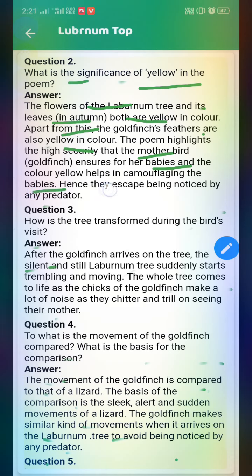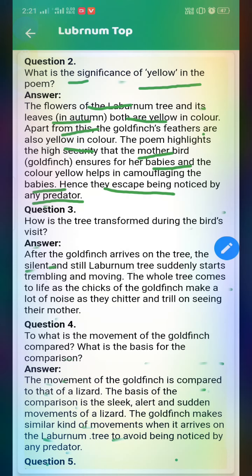Hence, they escape being noticed by any predator. Nobody could harm and hurt them. So this signifies the meaning of yellow. Everything is yellow so that nobody could notice the babies of the goldfinch.